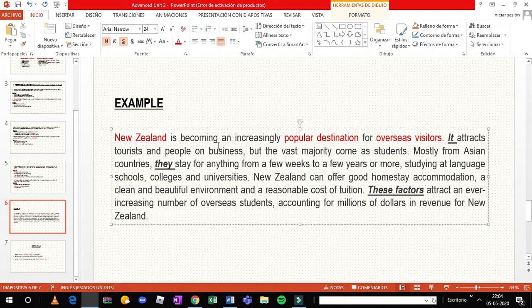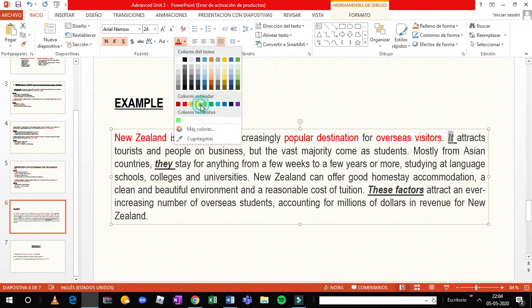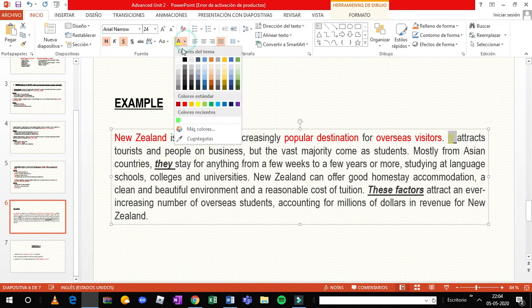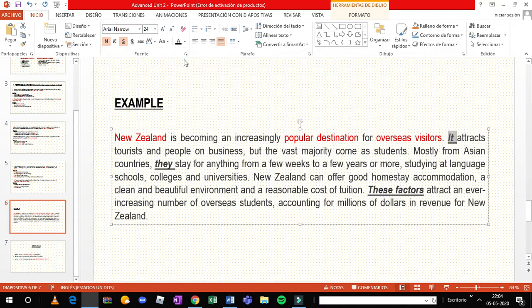Solamente aquí están mencionando que se ha convertido, ¿cierto?, en un destino popular para visitantes extranjeros. Por lo tanto, it, ya que la oración sigue hablando acerca del país, por eso es que esa sería la respuesta correcta, en este caso. Lo voy a dejar marcado ahí con negrito mejor.